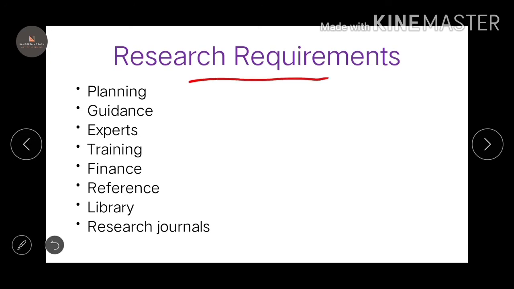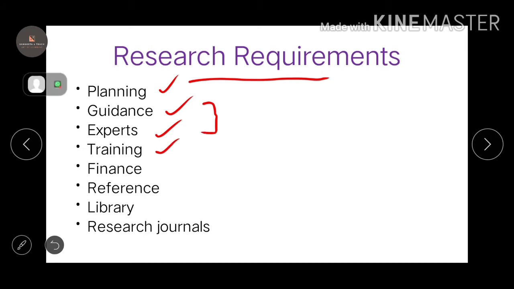What are the basic requirements for doing a research? The first thing is planning. You need to have a plan for doing a research. See, this is the plan. This is the blueprint that I'm going to follow for my research. So there must be planning. You must have a guide or an expert. They will give you directions in how you can do a research.